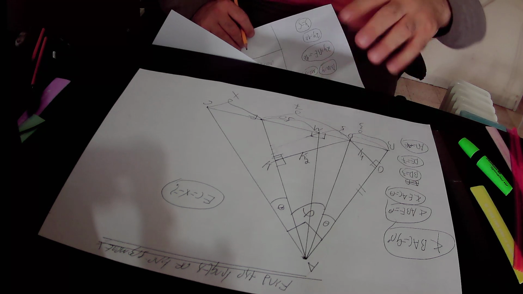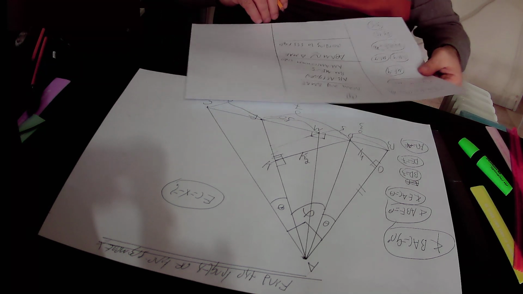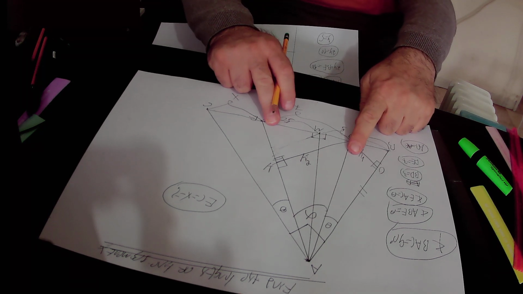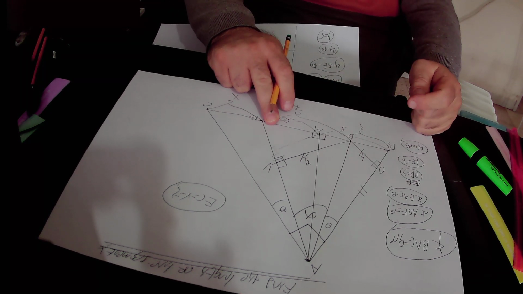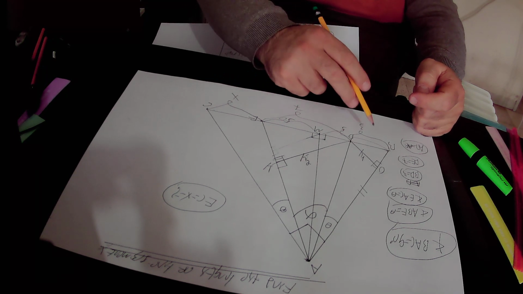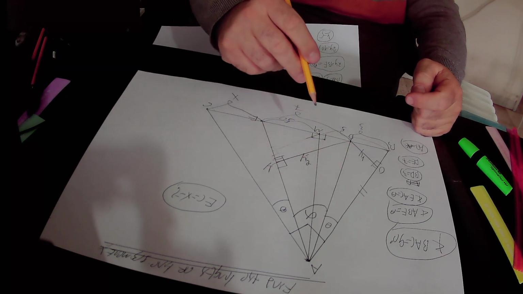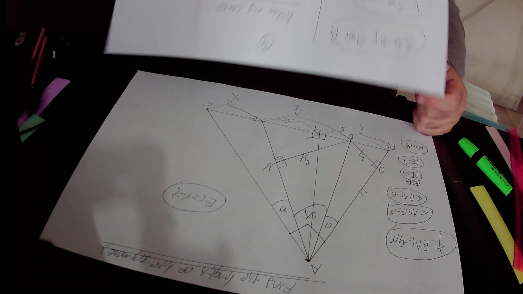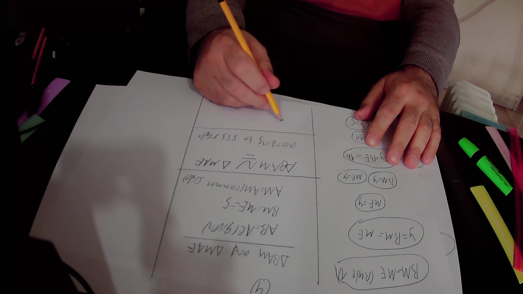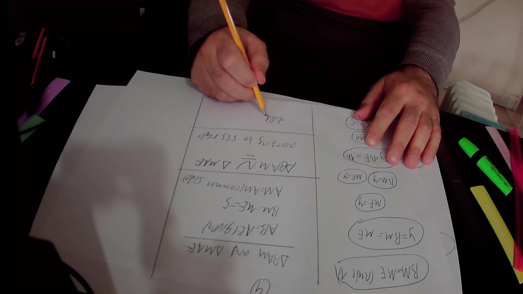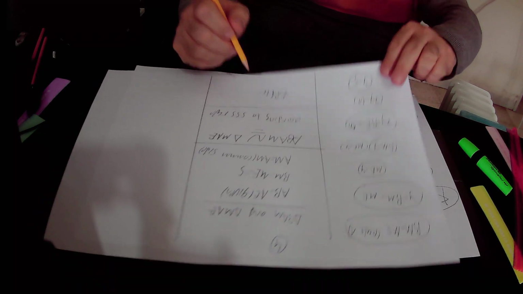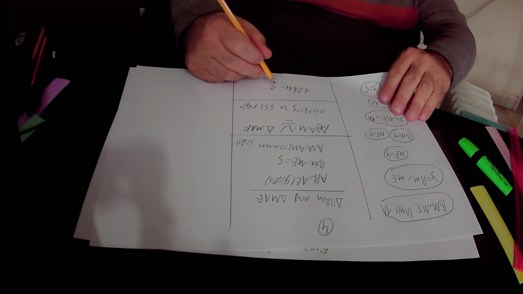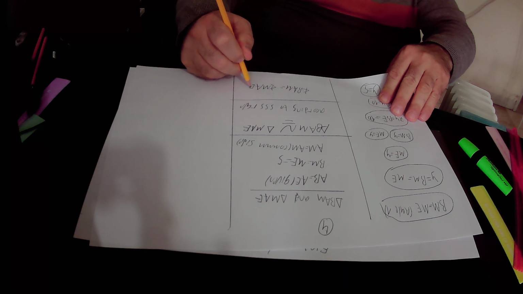Therefore, those two triangles can go into each other according to the side rule. And from the fact that those two triangles can go into each other, we conclude that angle BAM equals angle MAE.